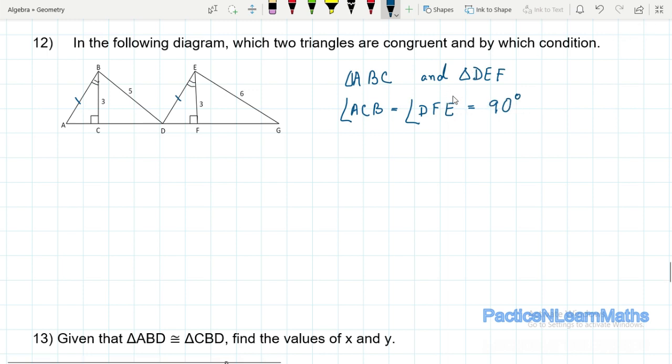Next we see that BC is equal to EF is equal to 3. So, one side. AB is equal to DE. So, that's the hypotenuse.